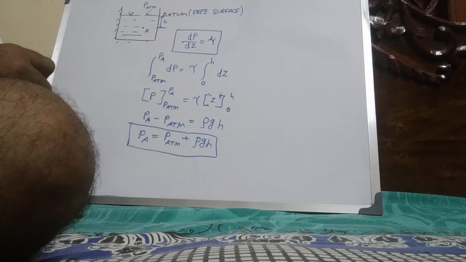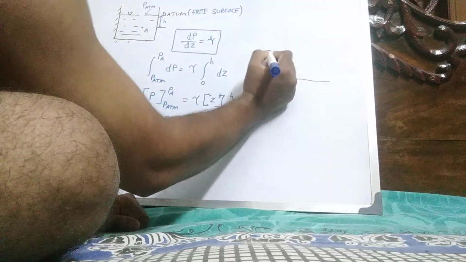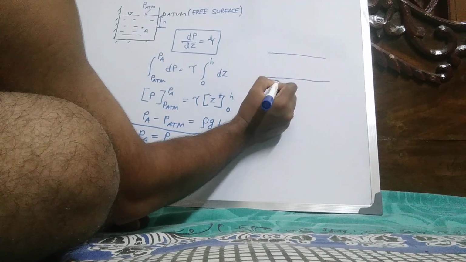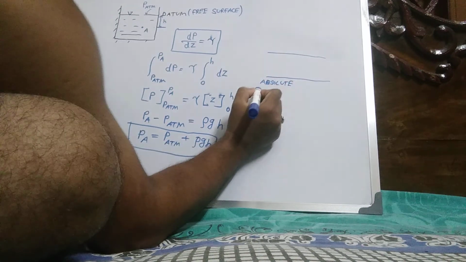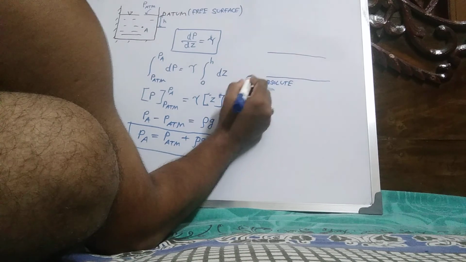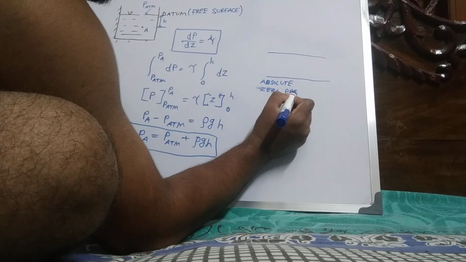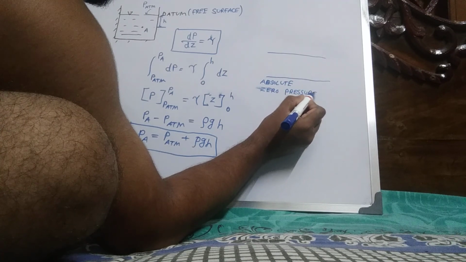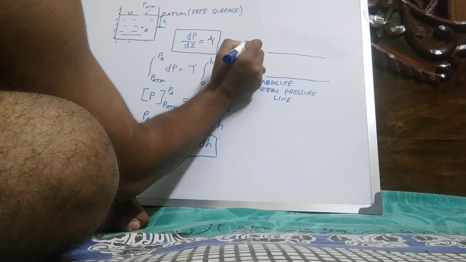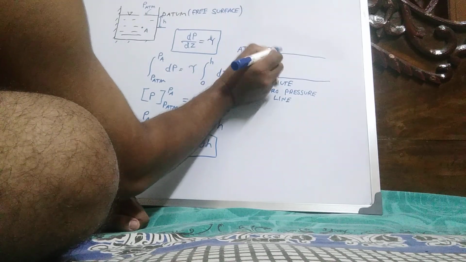I always say this is the absolute zero pressure line, and this is the atmospheric pressure line.